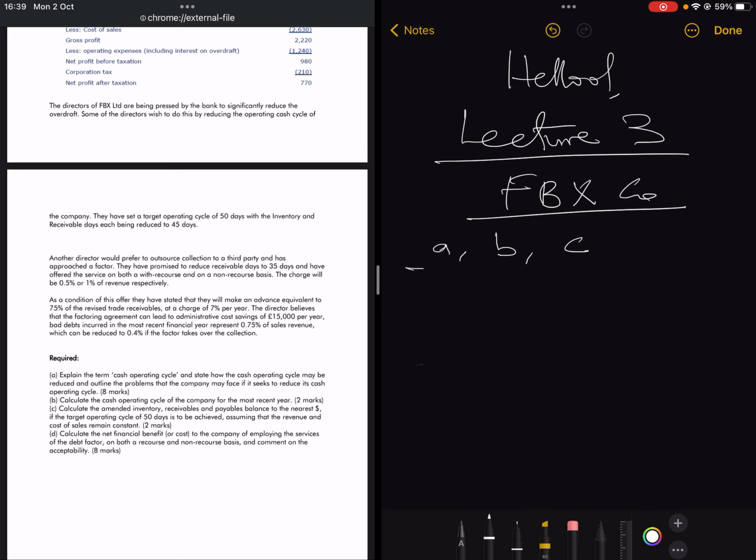The D part will be after we have dealt with overtrading and other forms of ways of managing account receivable. So what we'll do for today is to look at the concept that we have dealt with before and how to solve the relevant questions. And this time around, that will be in A, B, and C.